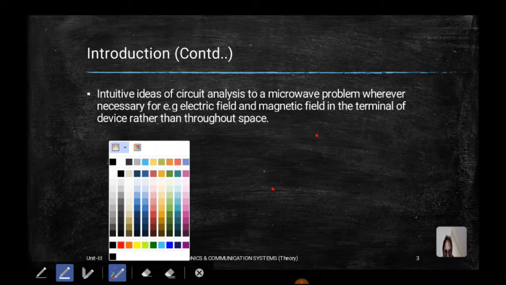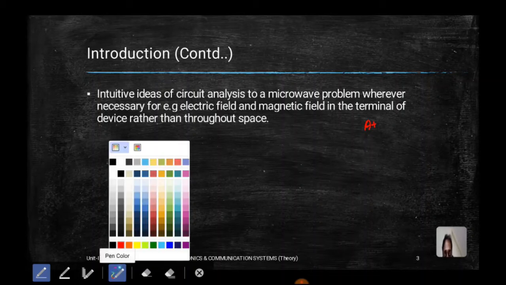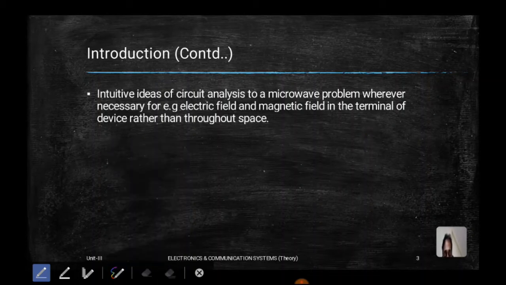So in the earlier class also I mentioned that. We'll take a pen. Here, at microwave frequency, if this color is not very clear, I can change it to some other color.